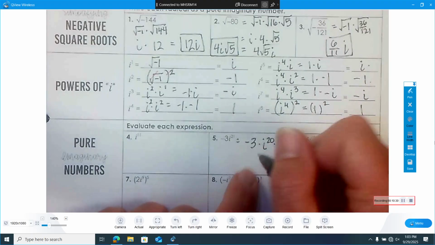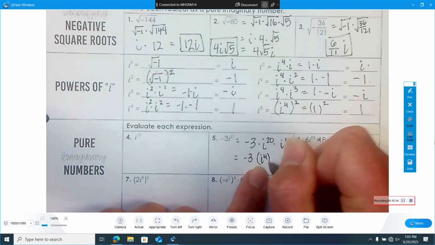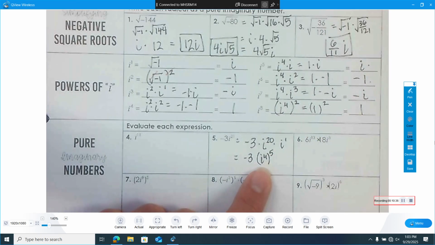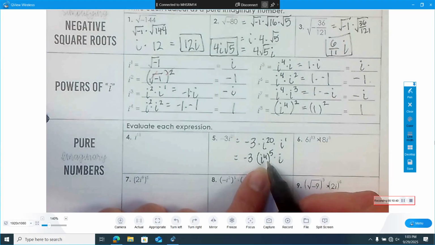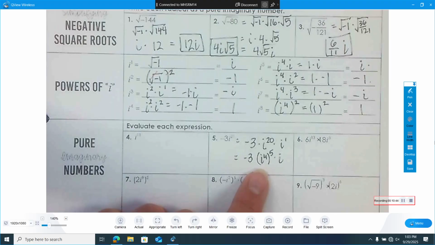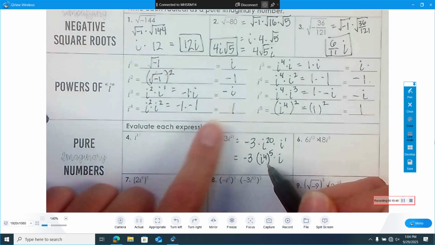So I understand what you're talking about. You're thinking, if I did i to the 4th, and I repeat that 5 times, like that, and then times another i. Okay, so here, this would be i to the 20th, because we get to multiply those powers. All right, what is i to the 4th? 1.